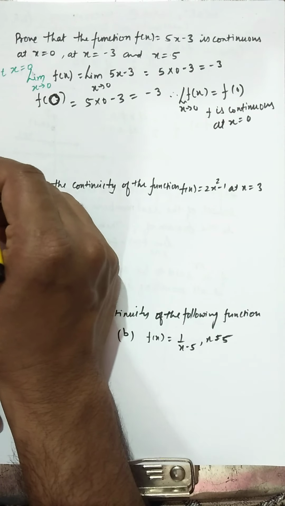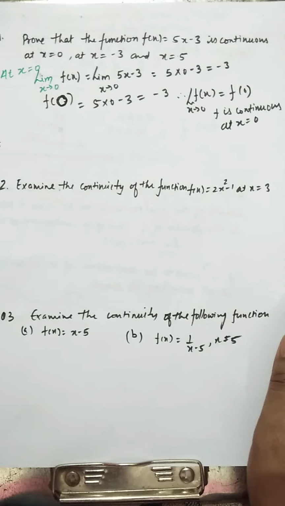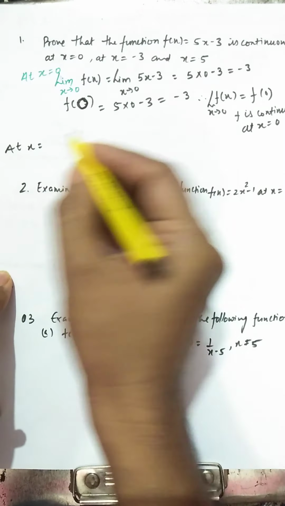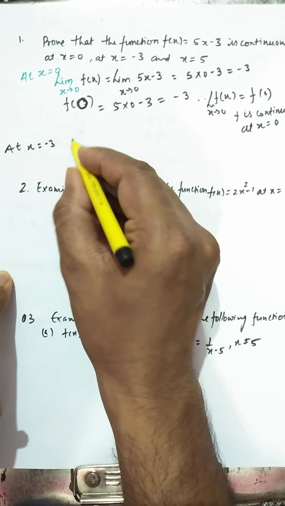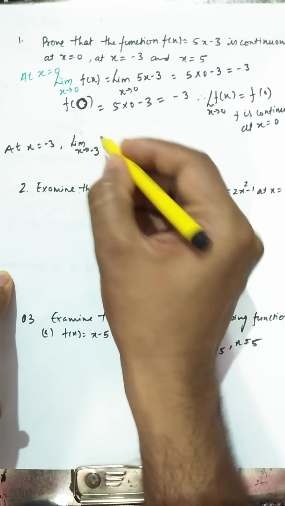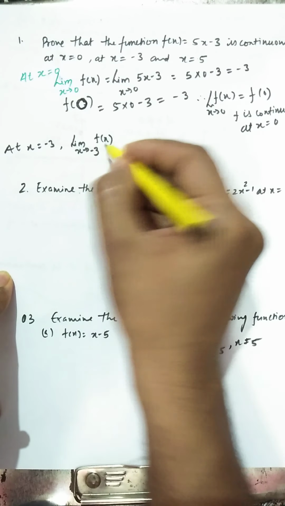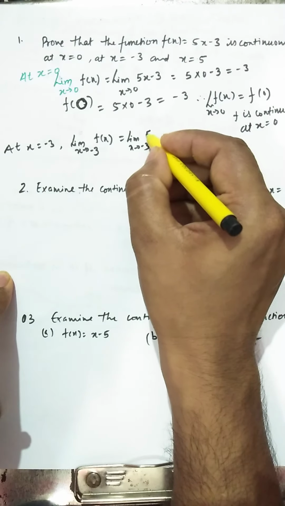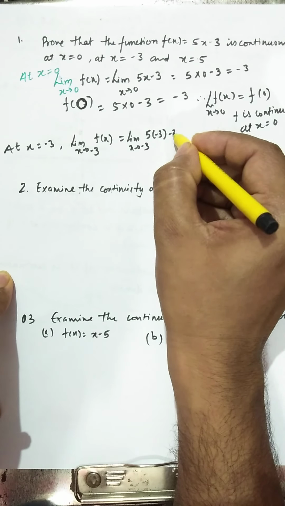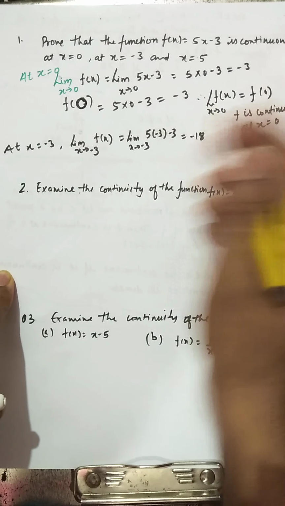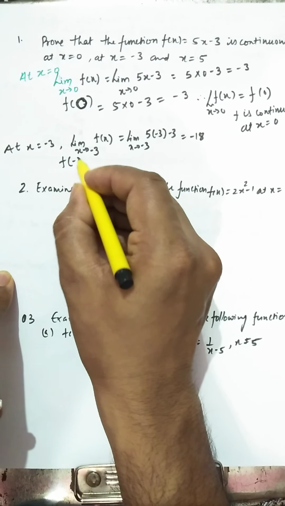Now take another point, x = −3. We'll first find the limit as x tends to −3 of f(x). So the limit as x tends to −3 is 5 times −3 minus 3, that is −15 minus 3, which is −18. Now you calculate f(−3).